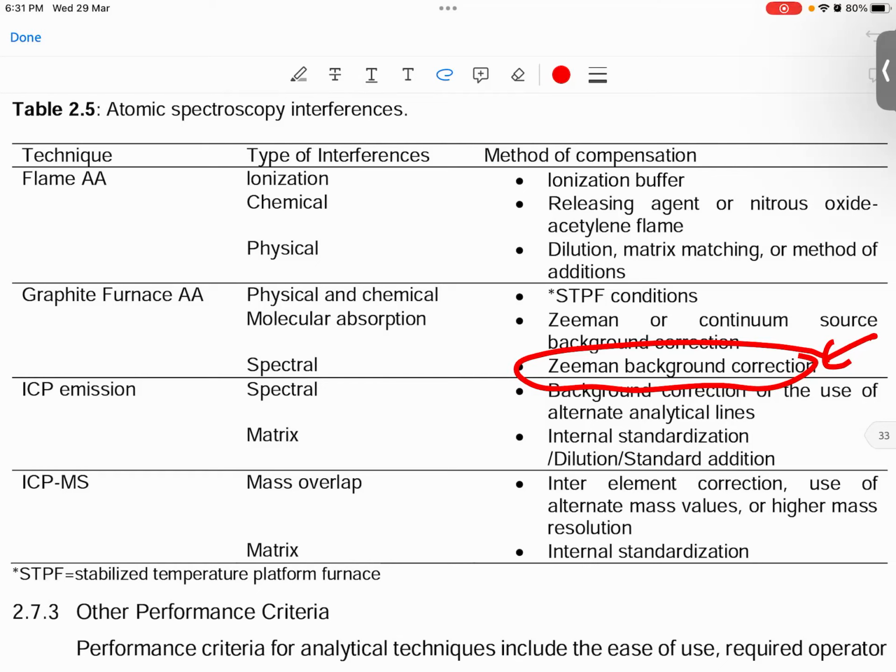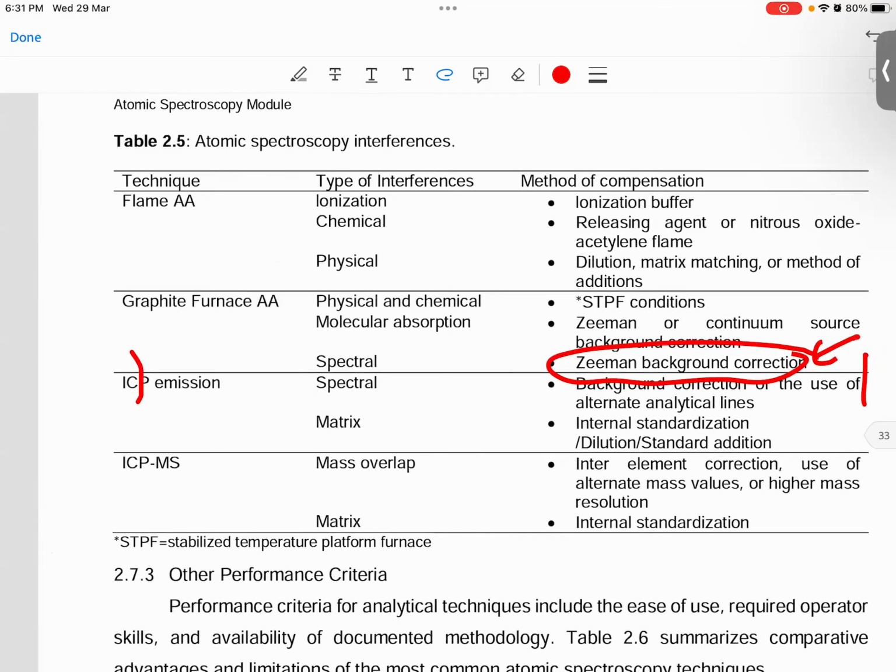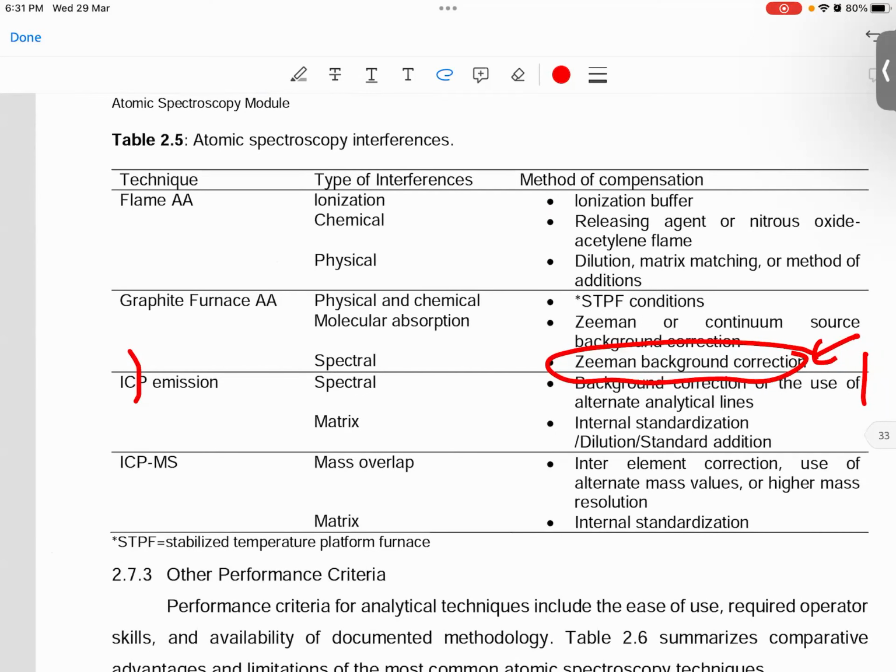Omar? Anyone? Zeeman effect is background correction for robust trace analysis. Okay. Anyone else has any idea?